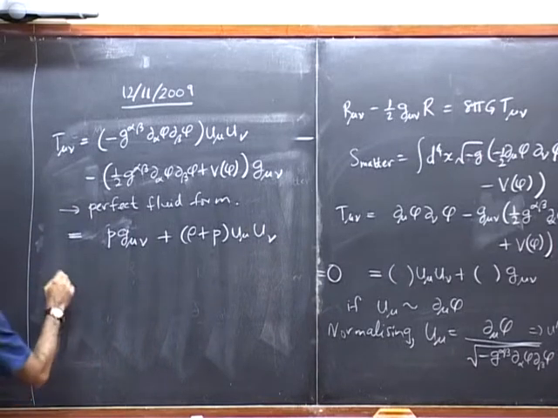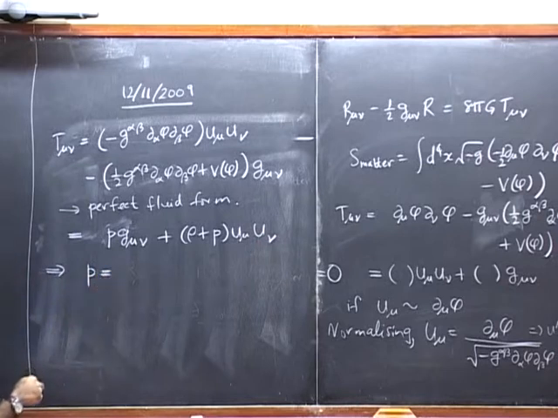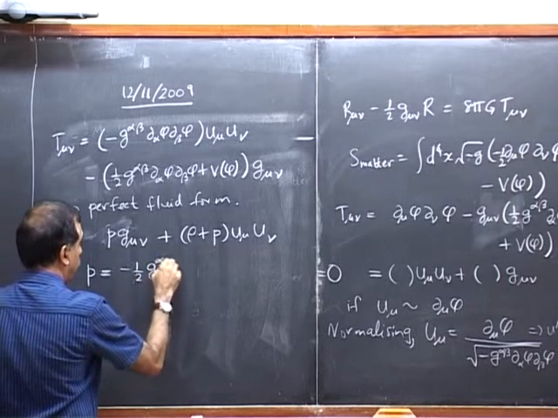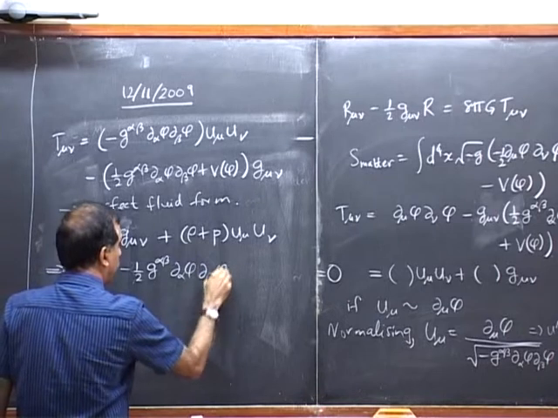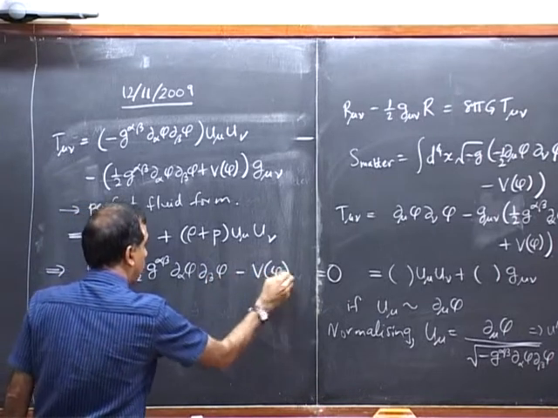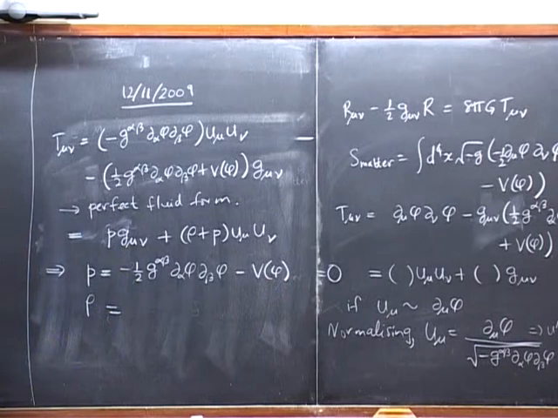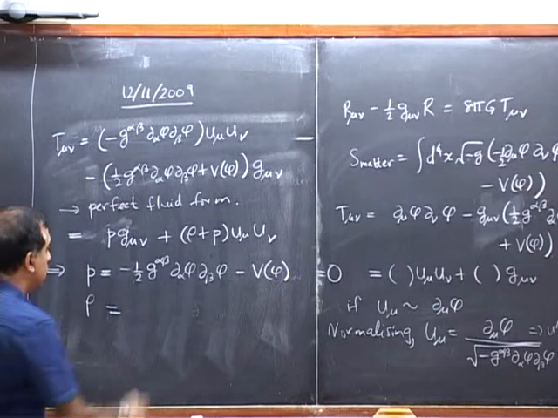And therefore from this we read off that P is equal to minus a half G alpha beta del alpha phi del beta phi minus G of phi, and rho is whatever it is such that when I add it to P, then I get this.